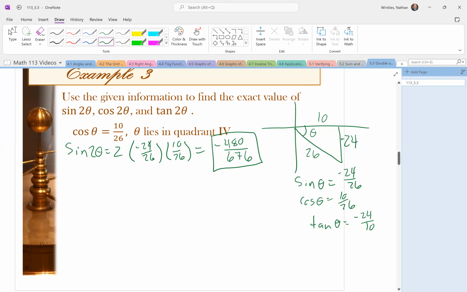You can reduce it if you want to. This would become negative 120 over 169.